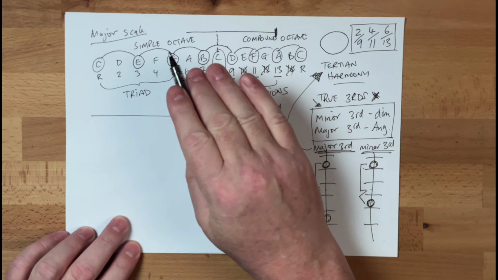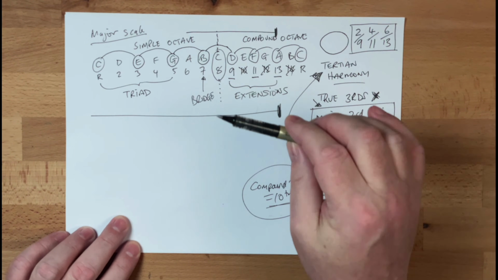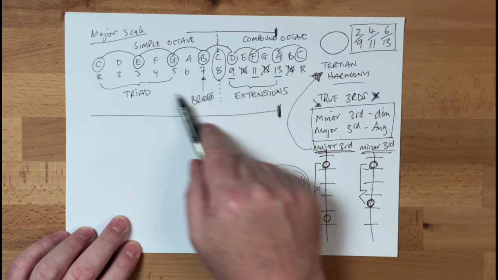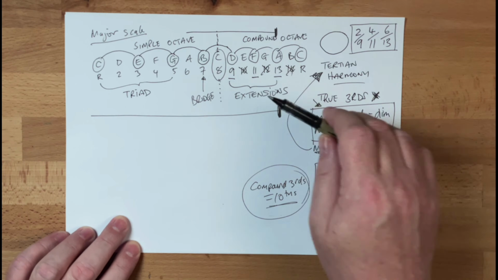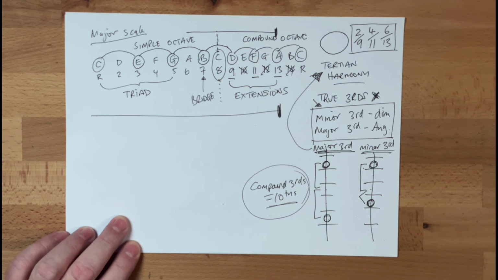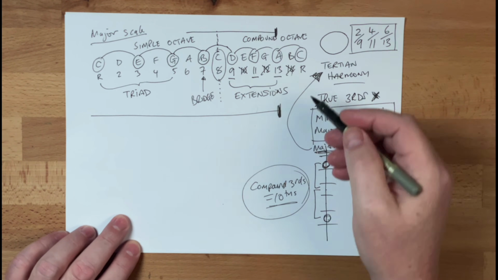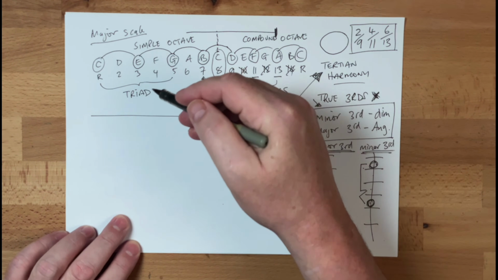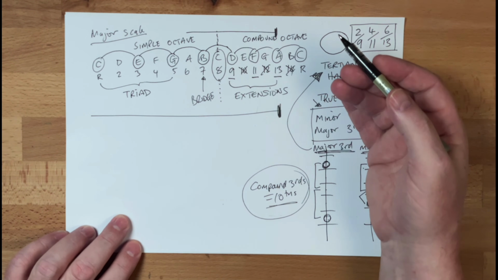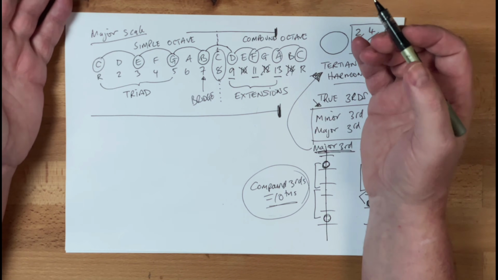And the beautiful thing about the circle of thirds is that when we make this linear idea into a circle, we can start on any of the notes in there and think, what note is that in context to the key?